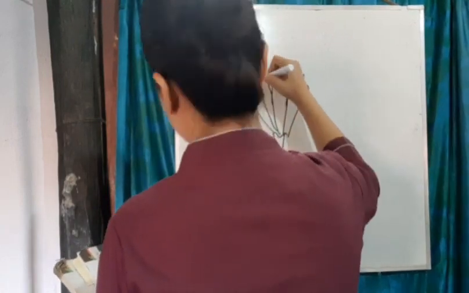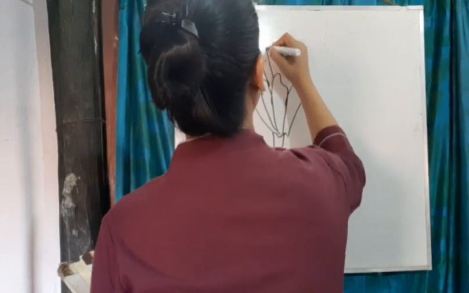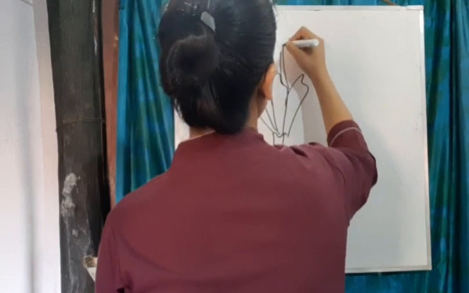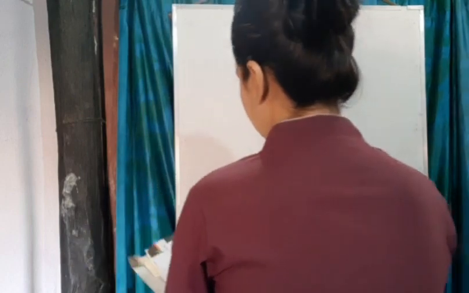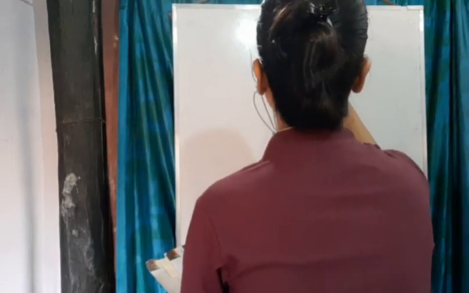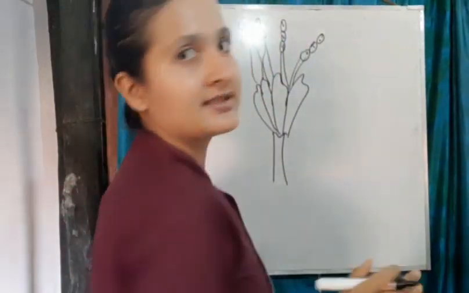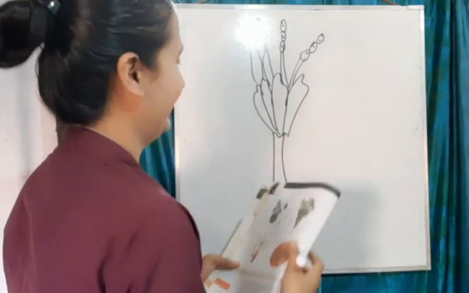And from here again it grows like this. So for the diagram you refer to your book, okay. There you will be able to see it nicely and it will be very clear to you. Please ignore my diagram, okay. I'm not that good at drawing.